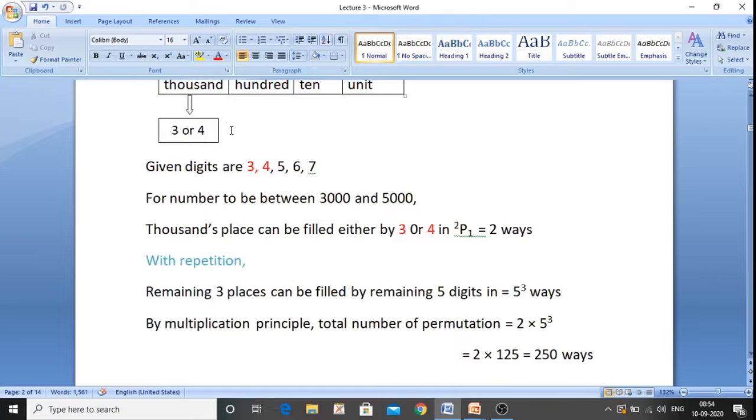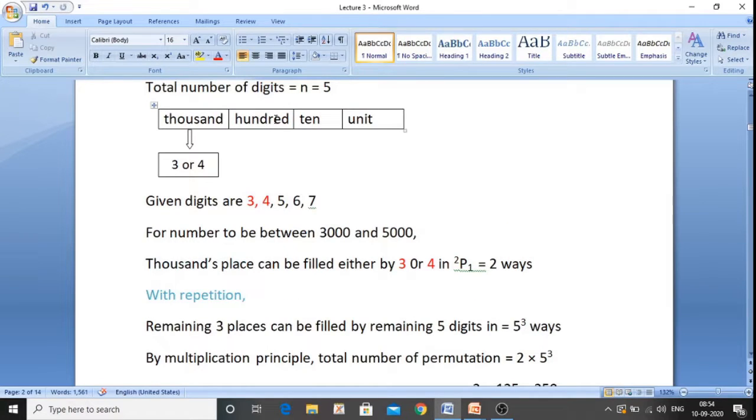So if repetition is there, whatever number is placed in the thousand place can come again in the hundred place, tens place or unit place, or in all the places. So the remaining three places can be filled by 5 digits. Our formula is n raised to r. So n is 5, r is 3.